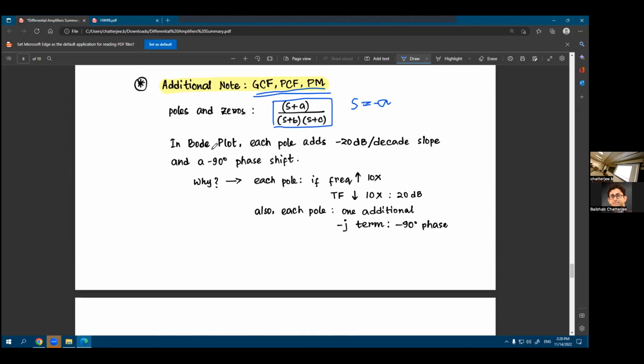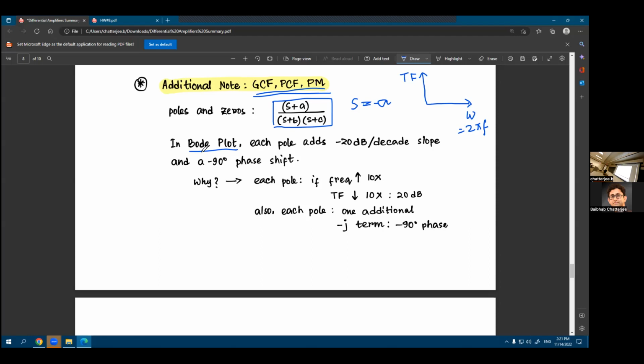Now in the Bode plot, that is when you are representing a transfer function with respect to frequency, you are representing the gain and the phase of the circuit with respect to frequency. Now frequency, you can say it's my frequency f, or it could be angular frequency omega, which is nothing but 2 pi f. So it's usually represented in terms of omega when you are talking about a Bode plot.